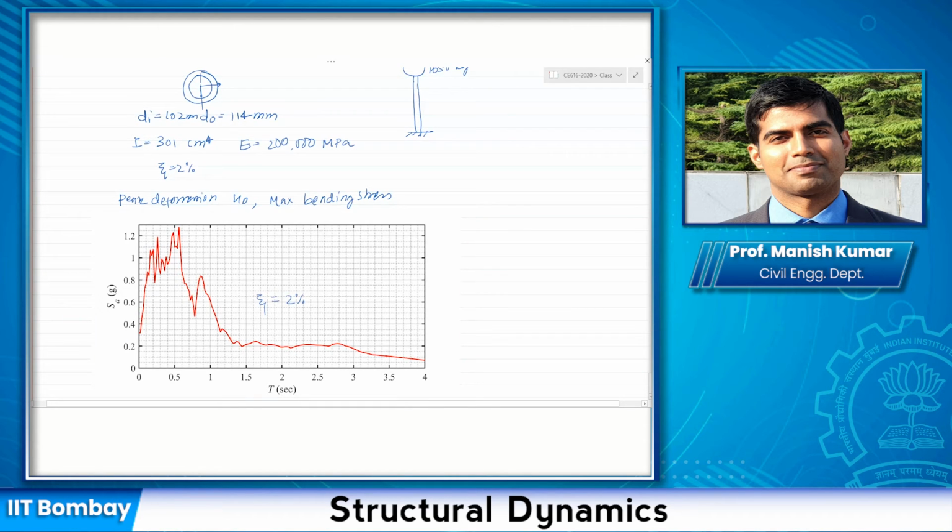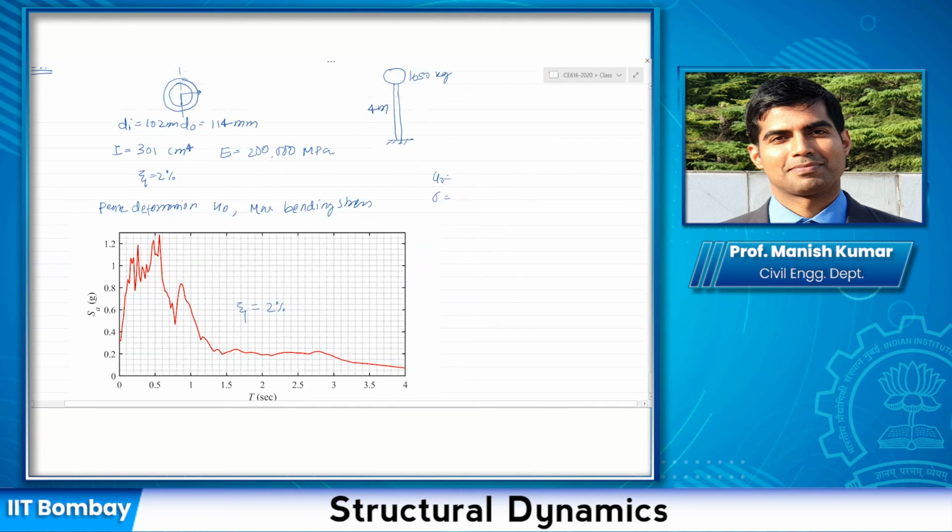So you need to find out what is U naught and what is the value of the bending stress in this pipe section. Take 5-10 minutes and try to solve this problem using the procedure that we have just described. The height of the structure is not given. Yes, I forgot to give you that. This is 4 meters.